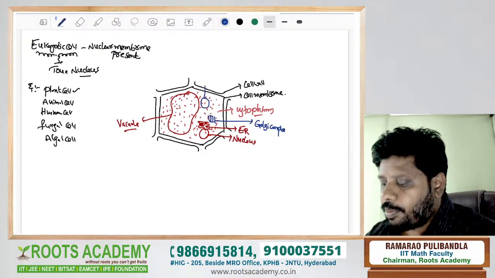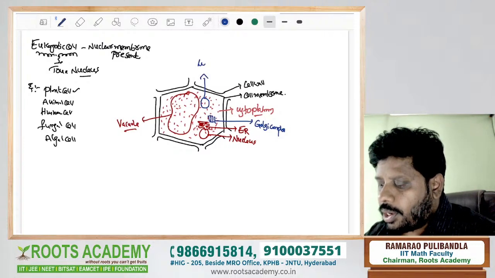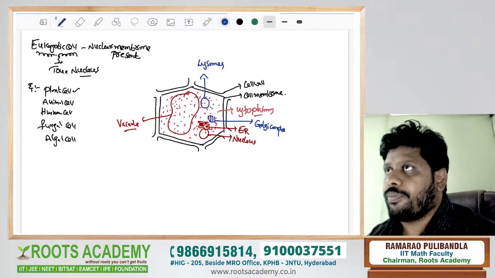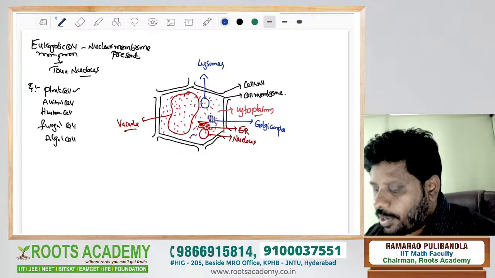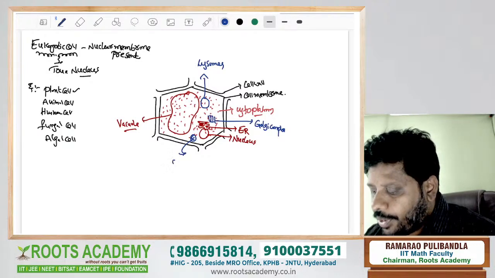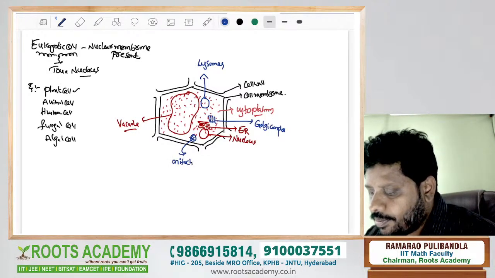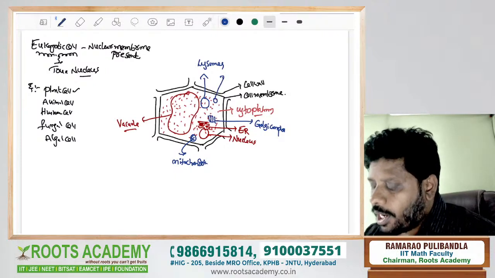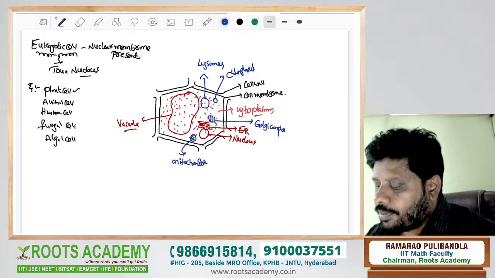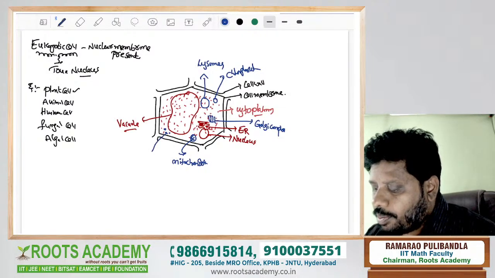And in cytoplasm, lysosomes present. And in cytoplasm, mitochondria present. And in cytoplasm, chloroplast present. And in cytoplasm, microbodies.